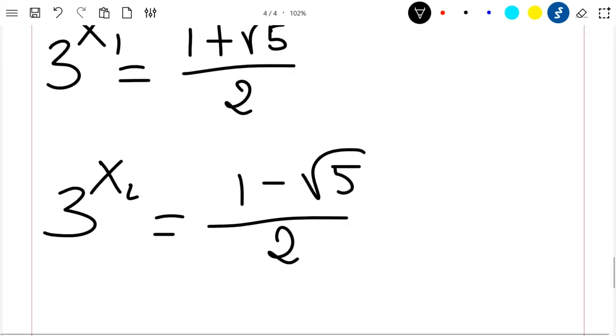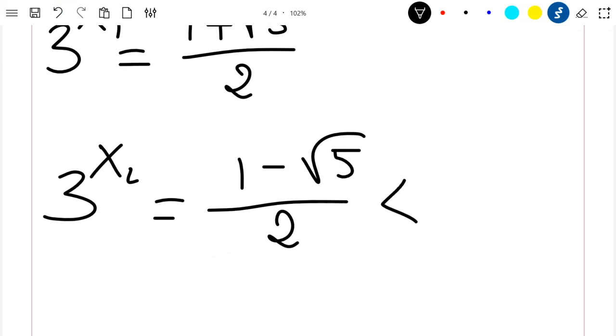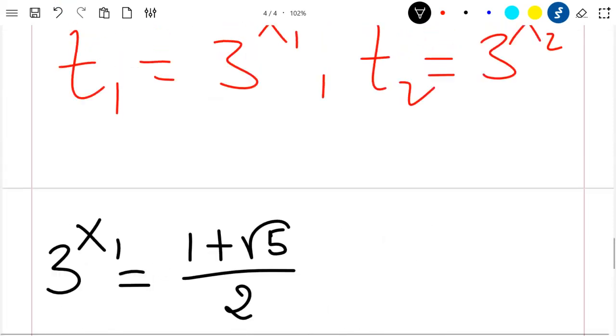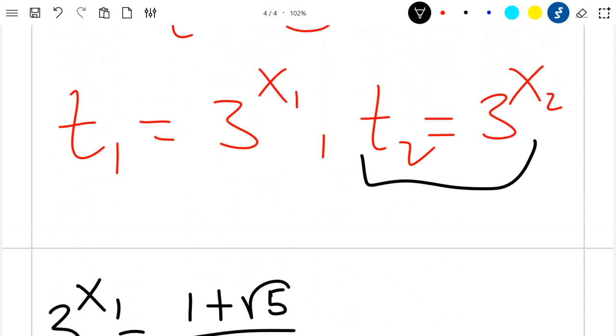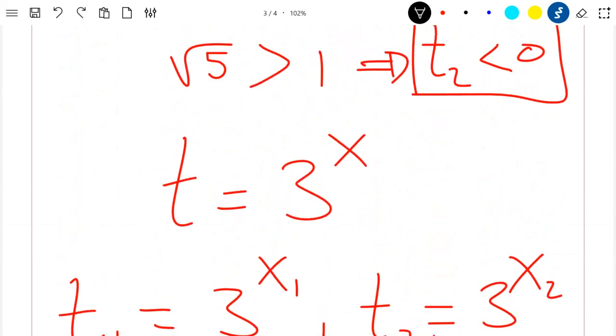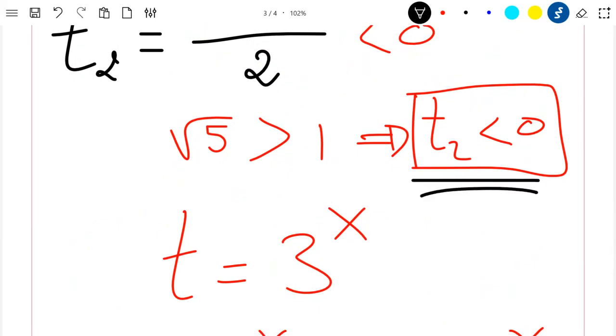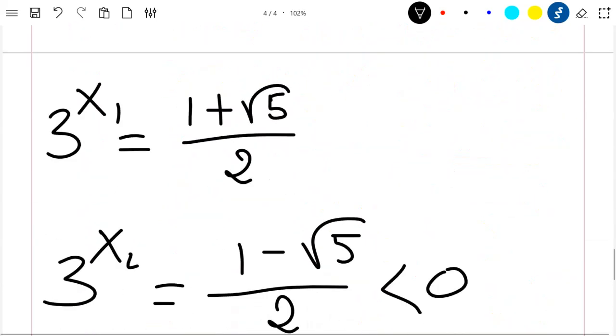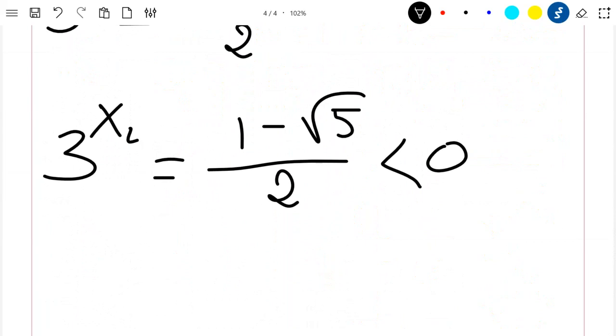So this one is in fact negative, as we have shown here: t2 is negative. This means that I cannot find x such that 3 to the power x is negative, so this one has no solution.